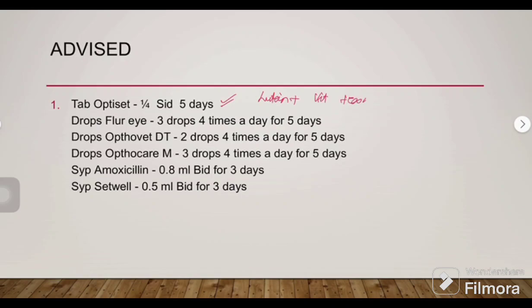We advised drop Flur-Oph, which consists of flurbiprofen, 3 drops QID for 5 days, and we advised drops Ophthovet DT, which consists of dorzolamide, which reduces ocular hypertension. It is a kind of diuretic. We advised Optocare M, which consists of moxifloxacin, and syrup amoxicillin 0.8 ml BID for 3 days, syrup Setwell 0.5 ml BID for 3 days.